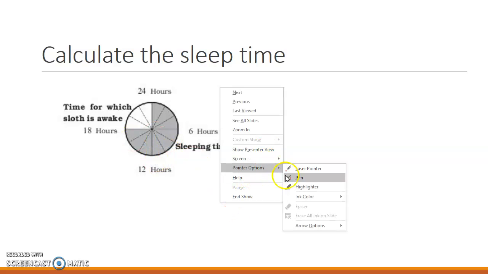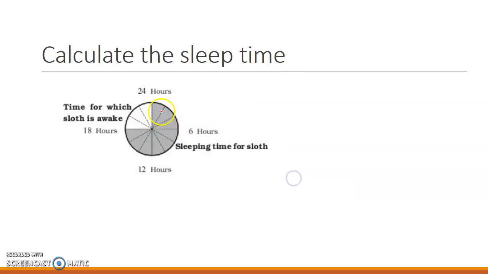Listen carefully, children. This circle represents the 24-hour clock, divided into 12 equal parts. Each division shows 2 hours.